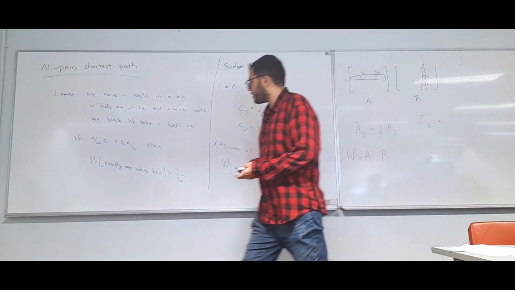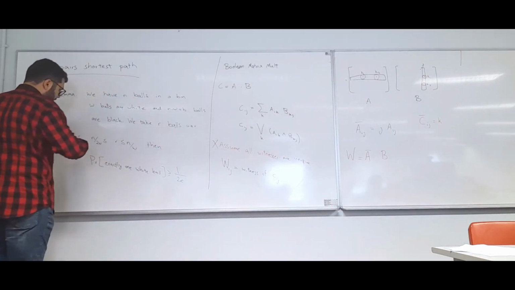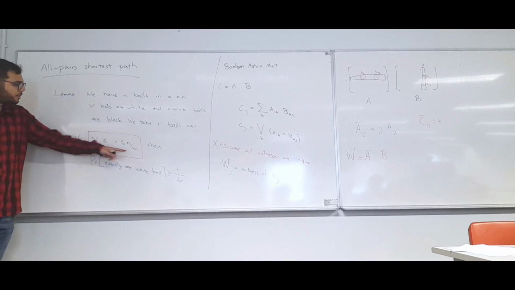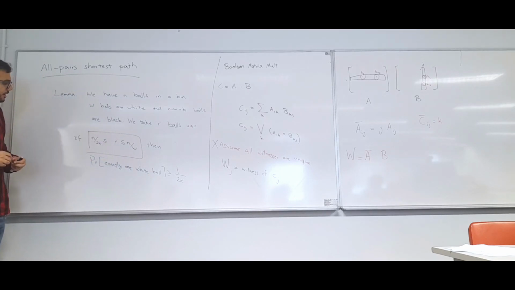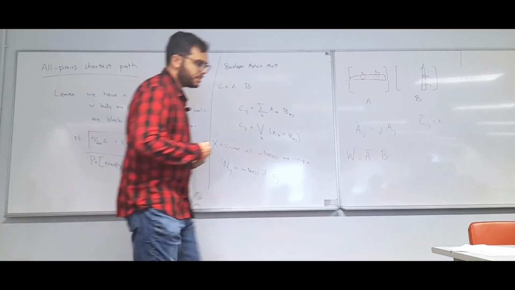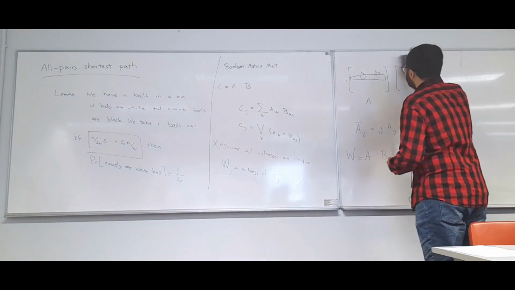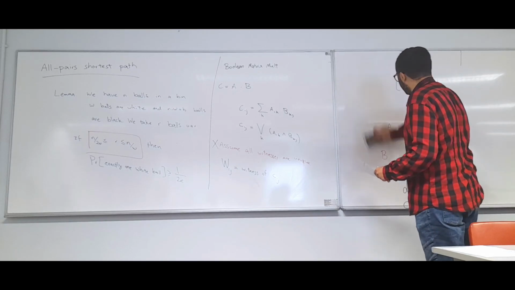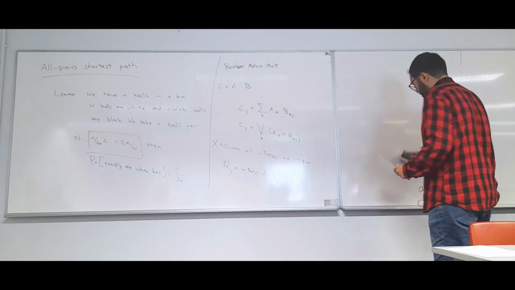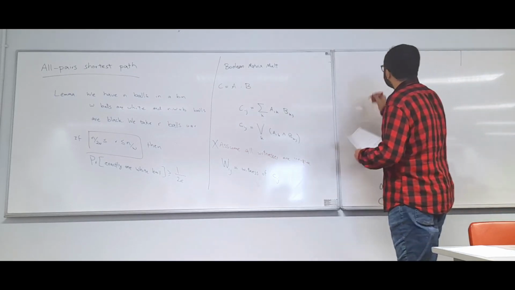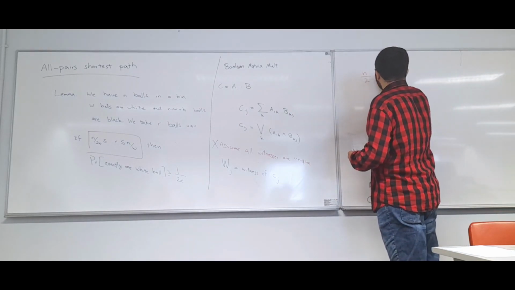Because here's the thing. Just look at this part, and let's see what values of W work for any given R. Okay, this is my inequality that I should have.